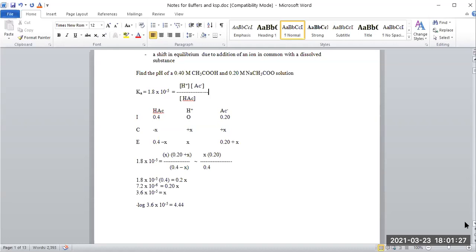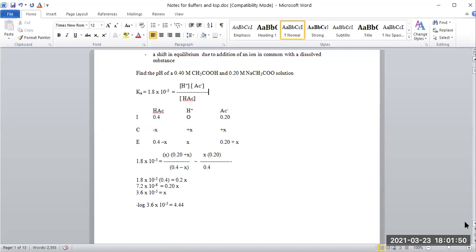But instead of having a number and a 0, this time around, I already have some acetate present. So look at the top line of your ICE chart there.